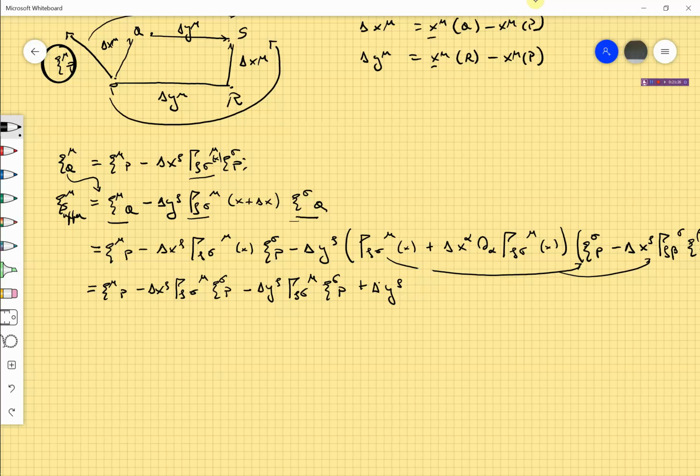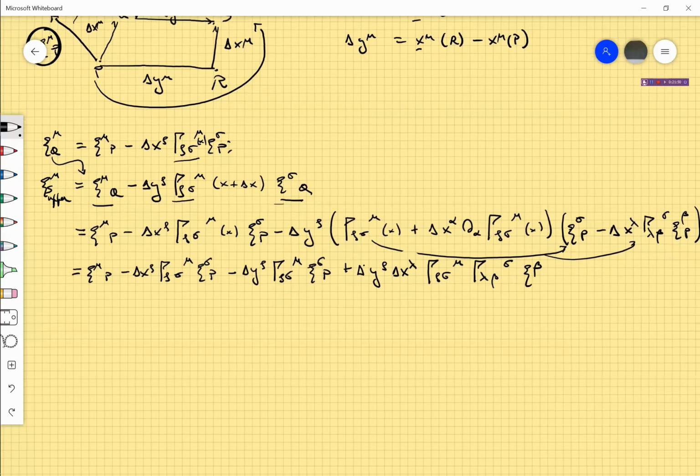I have to change the index here because I am using rho here already. So let's call it rho lambda. So delta x lambda gamma rho sigma mu gamma lambda beta sigma, and then psi beta.